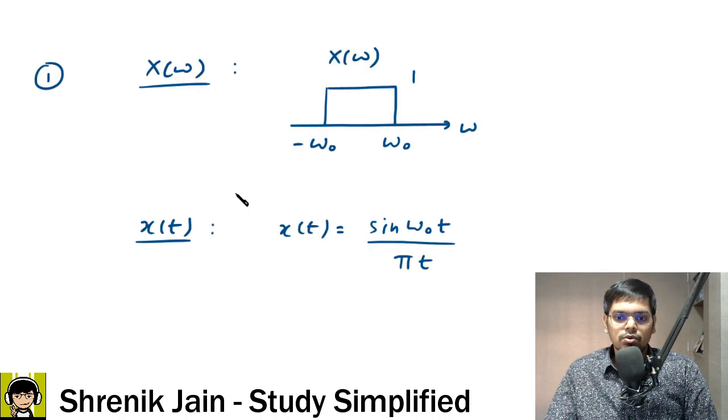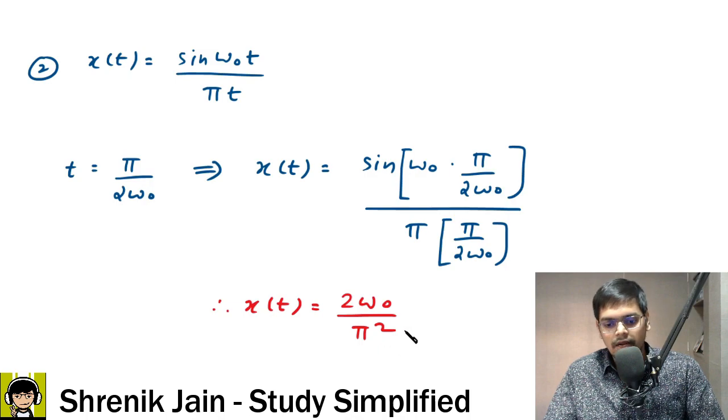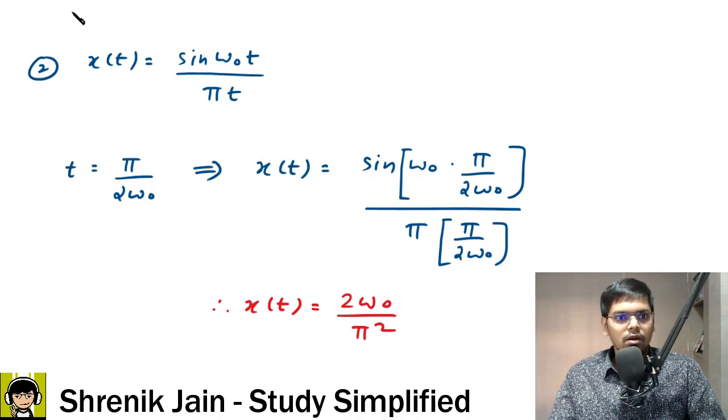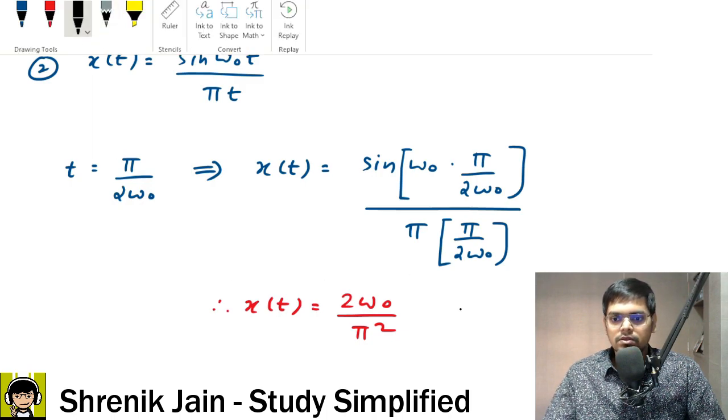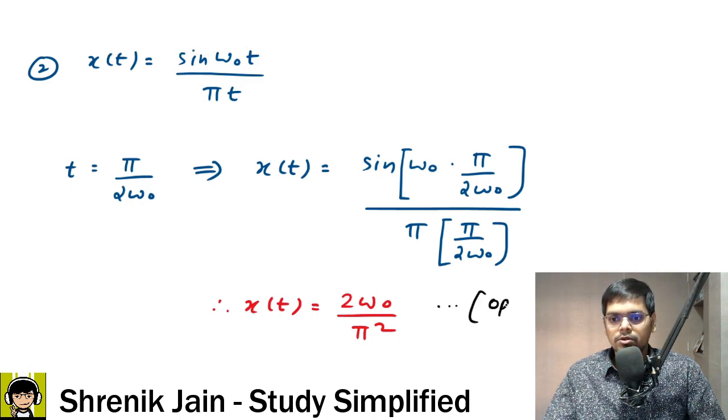Pi square should be there. Very simple observation, right? So C and D are gone, A or B is left. So here I will write that options C and D are wrong.